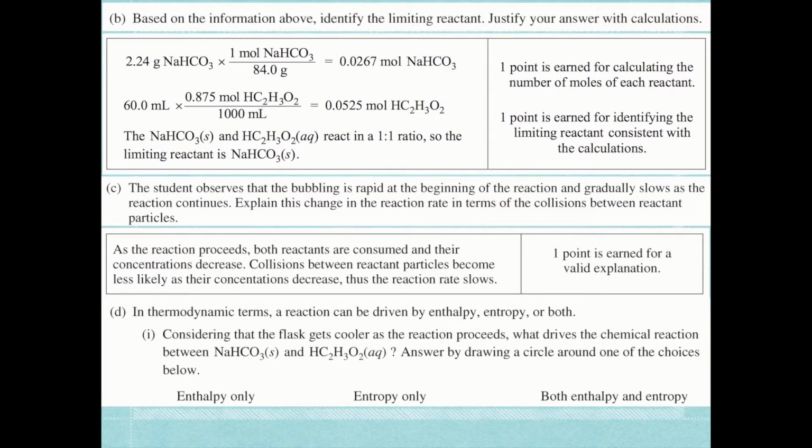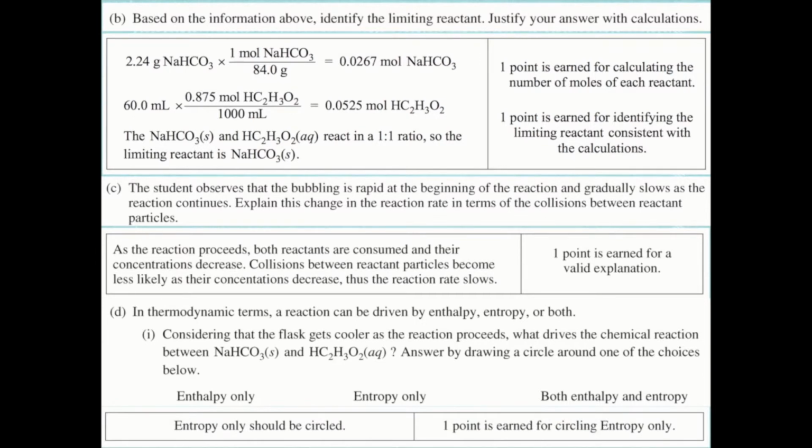We know that this is endothermic, which means your delta H is positive, which doesn't help making delta G negative, which is our ultimate goal. So the only thing that could potentially help is your entropy. If you look at the very beginning of the problem, you're going from a solid and an aqueous substance into an aqueous liquid and a gas. So your entropy is increasing, meaning your delta S is positive.